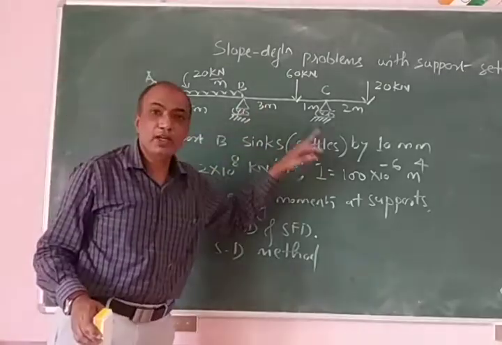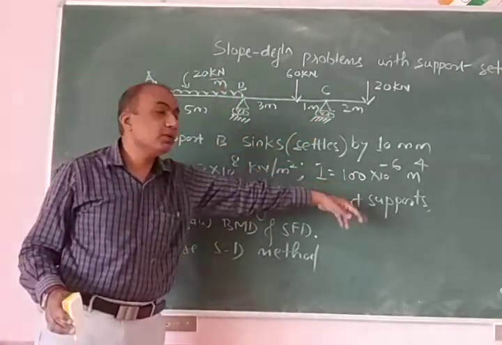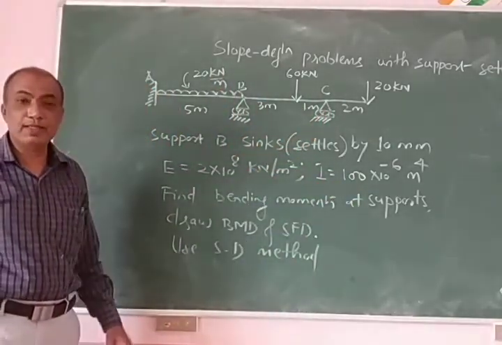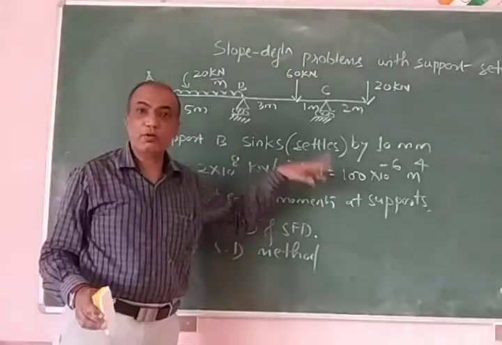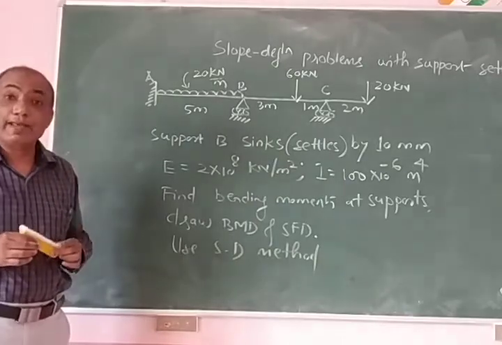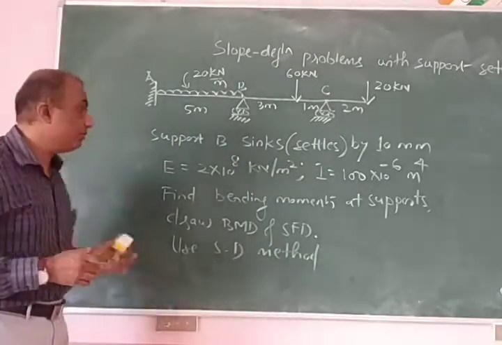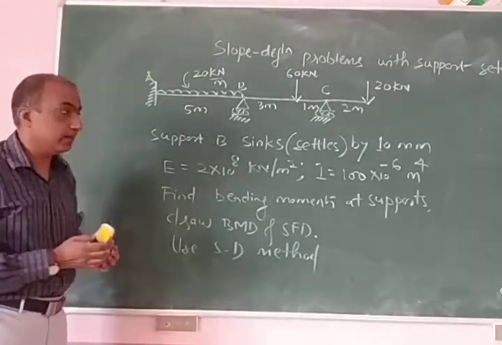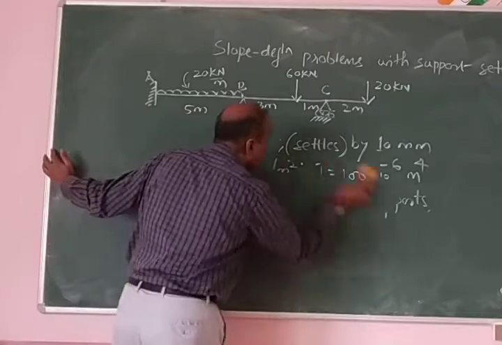And moment of inertia for the entire beam is given as 100 into 10 to the power minus 6 meter to the power 4. That is, the cross section of each and every member has a moment of inertia equal to 100 into 10 to the power minus 6 meter to the power 4. Now what we have to do is we have to solve using slope deflection method. So to begin with, what we need to do is first find out primary unknowns.